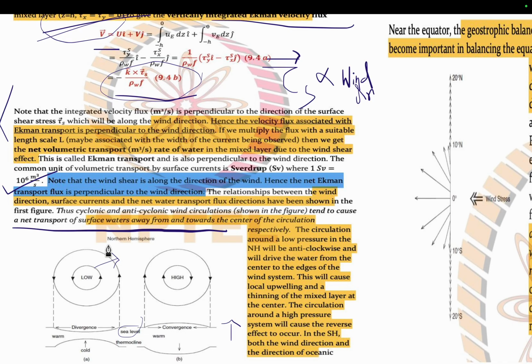For anti-clockwise rotation it is showing divergence, but for clockwise it is showing convergence. But both are creating stress on the surface, so why is one divergent and one convergent? Yes, that is the thing.